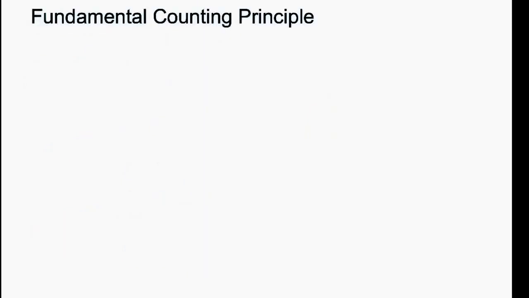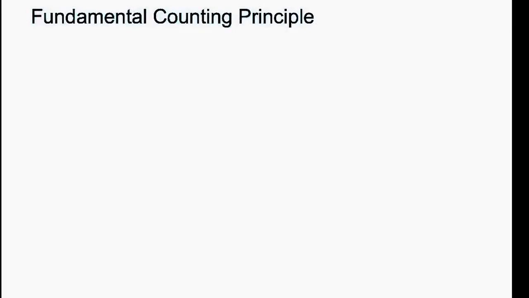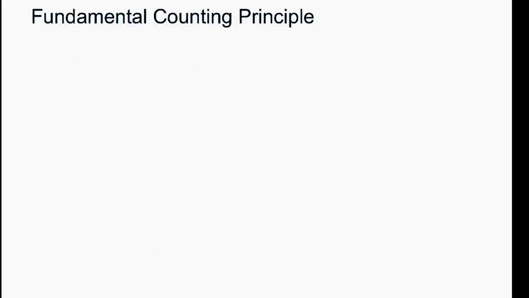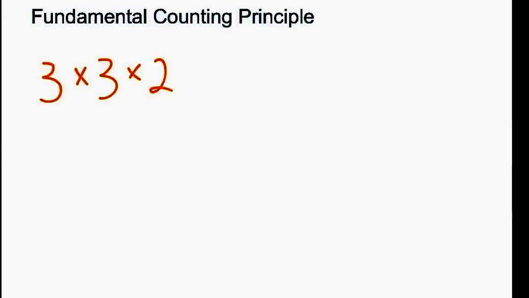The fundamental counting principle deals with a lot of this, but it's an easier and quicker way to do it. If we go back to the truck example, we had 3 choices for trucks, then 3 choices for colors, and then 2 choices for the last one. So all we'd have to do is 3 for the first choice, times 3 for the second choice, times 2 for the last choice, and that gives us the 18.